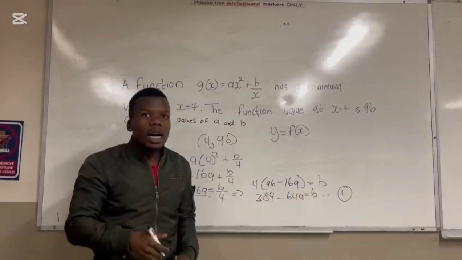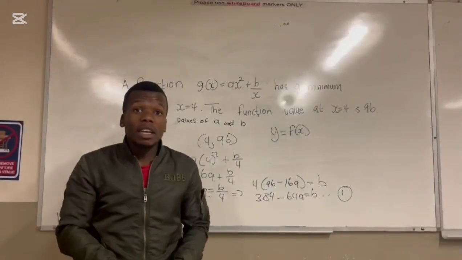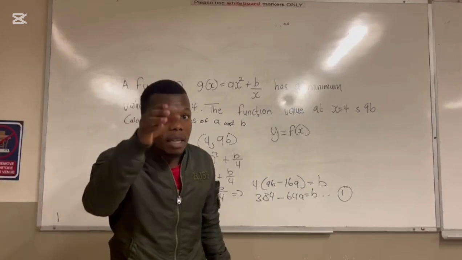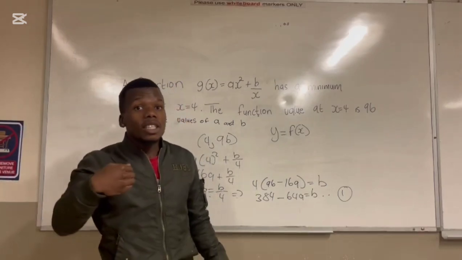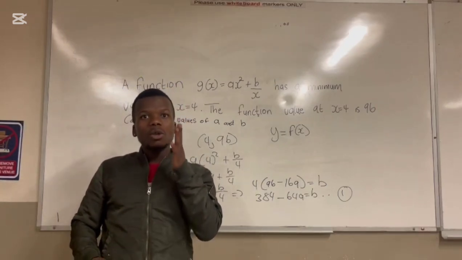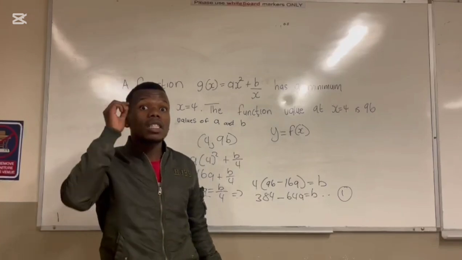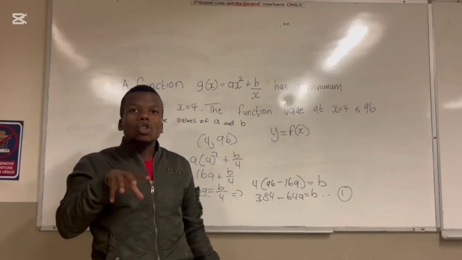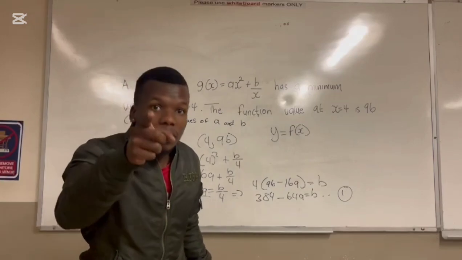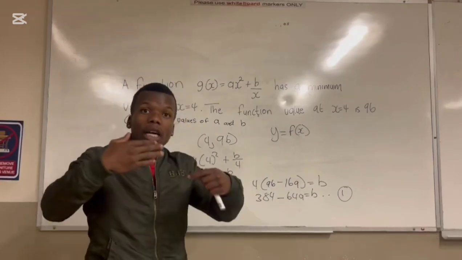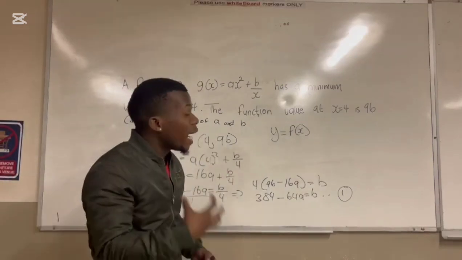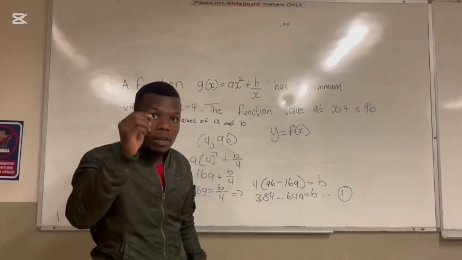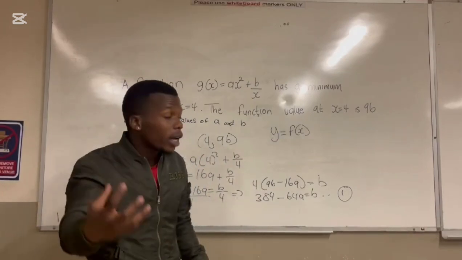Then they say calculate the values of x for which this function will be at its maximum or minimum. All I need to do is do the first derivative, equate to 0 and solve for x.